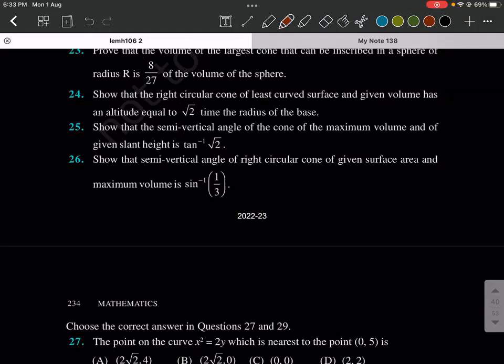Apart from this, what are the other doubts you have? Any other chapter? Simple.